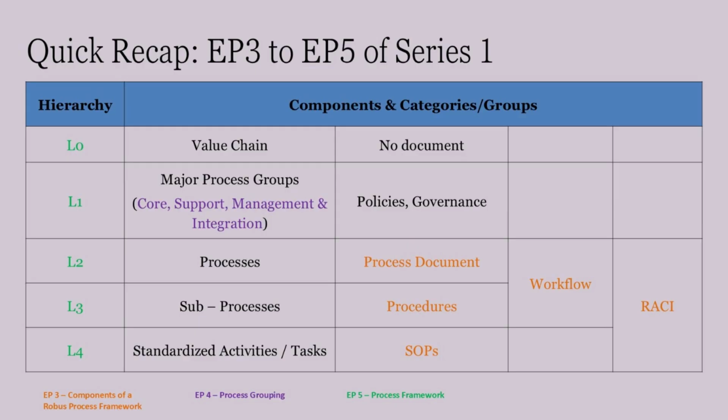And we have covered process framework or hierarchy in our episode 5, that is L0 to L4. And this table summarizes all the components that we have learned in episode 3 to episode 5. From now on, we will be talking about these basics every now and then. If you have not yet watched these episodes, I recommend you watch them first.